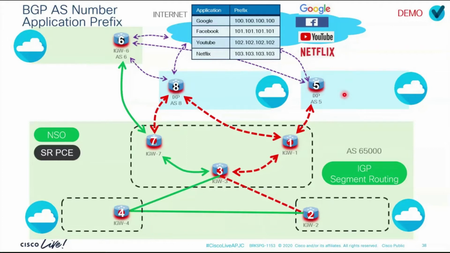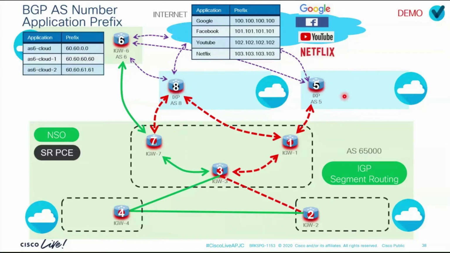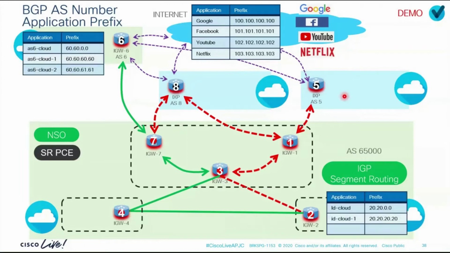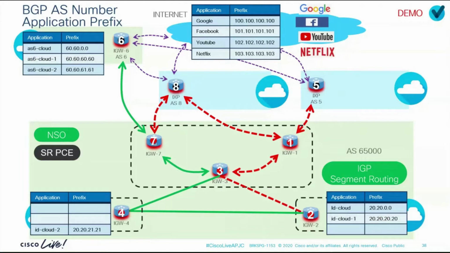And the customer prefix will be advertised by router 2 or 4 with this prefix, and router 6 with this prefix 60. Okay, and later we will use traceroute to verify the network changes.